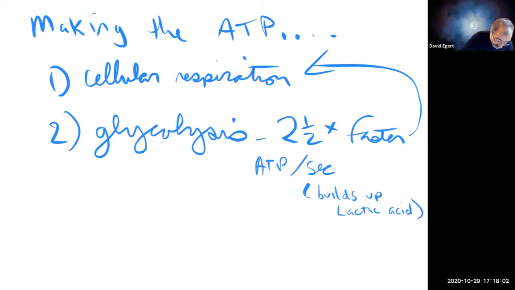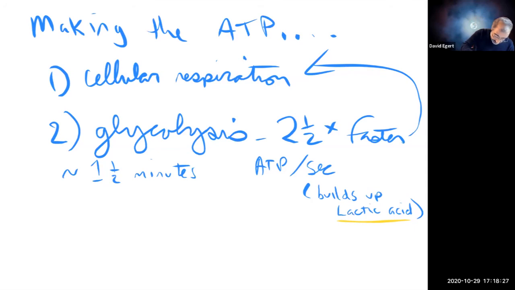This lasts maybe 1.5 minutes before you run out. And also you're building up the lactic acid, which has to get cleared out. The lactic acid gets transferred to the liver, where, I think, it gets turned back into pyruvate.